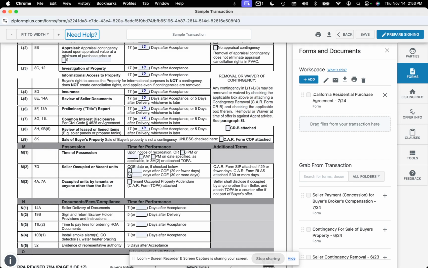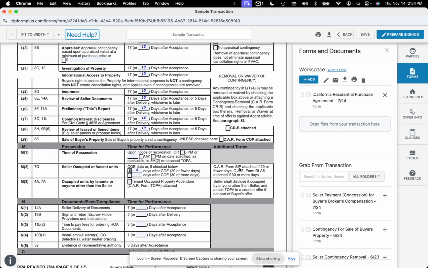So you can check this box if you've worked out an agreement with the seller that they can stay a few days later than recording. Usually that's what's referred to as a lease back, where you give them a time period to get out, maybe 5 days after recording. So you can put in 5 days after recording. That's when you have to get out, and that's when I get the keys.